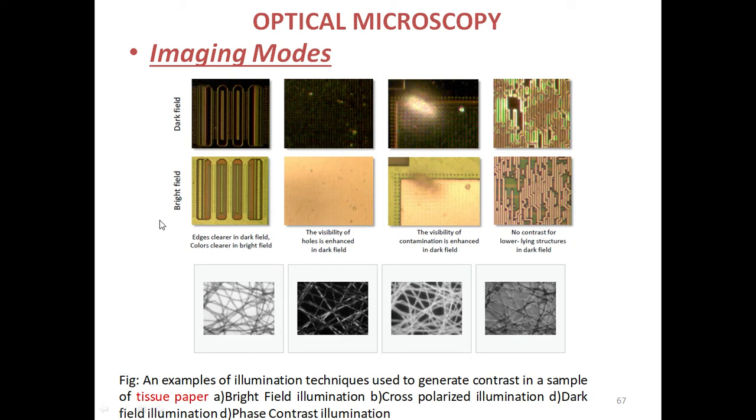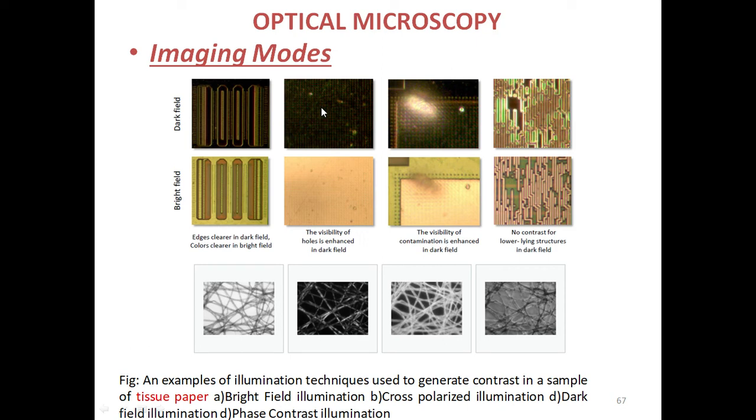Here I want to show you the difference in image modes of the same samples. Here in the top column we can see the images of a dark field. Then in the next we can see the bright field. The edges are clear in a dark field. The colors are clear in a bright field.